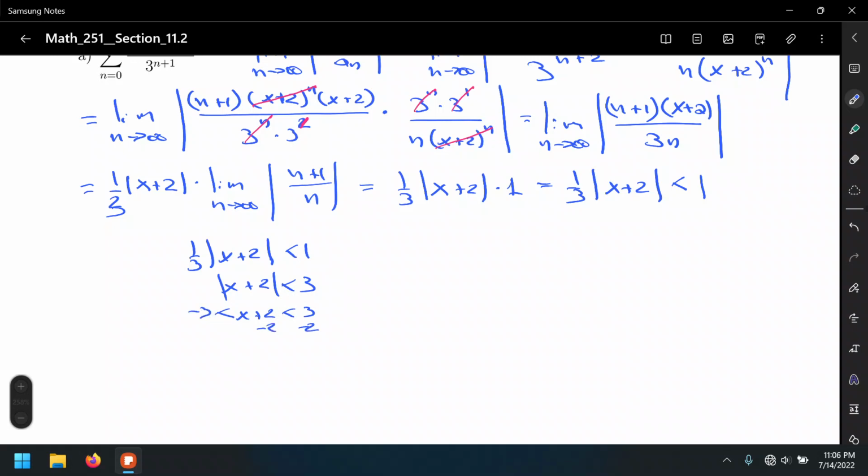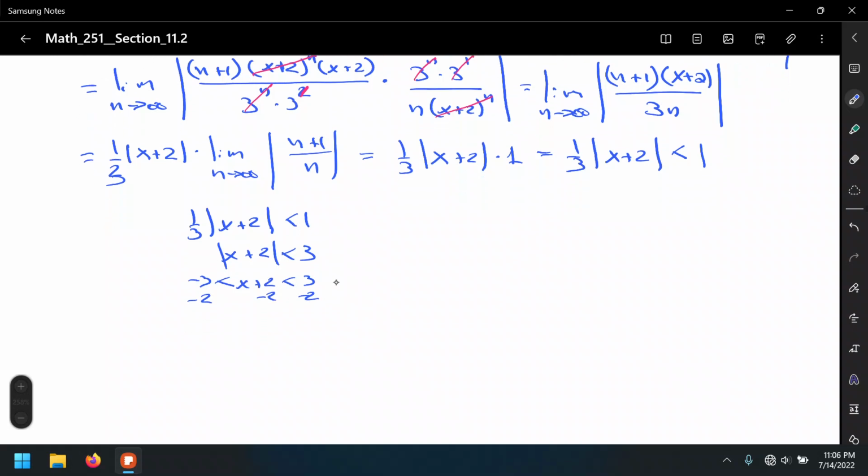Subtract 2 from all 3 sides, and we're going to have -5 less than x less than 1.